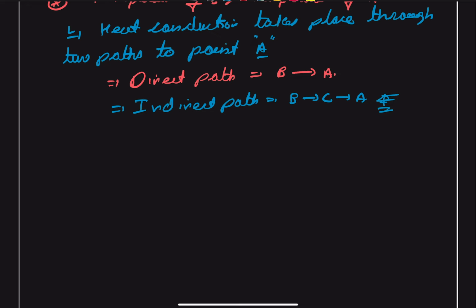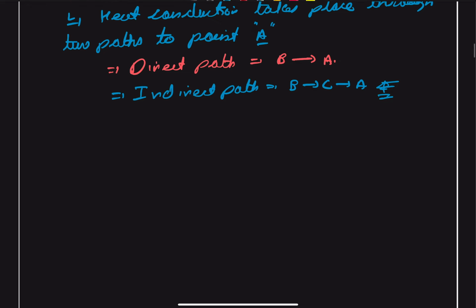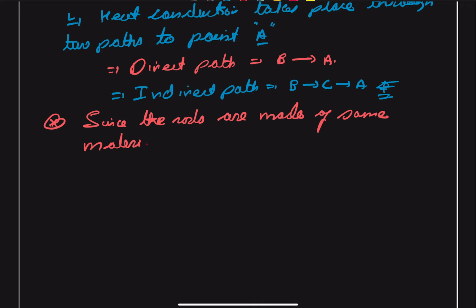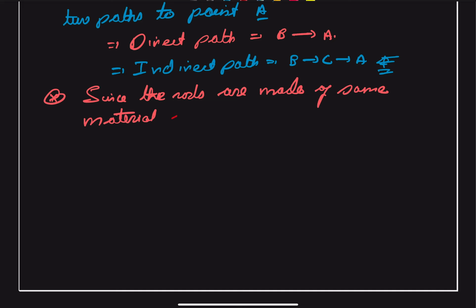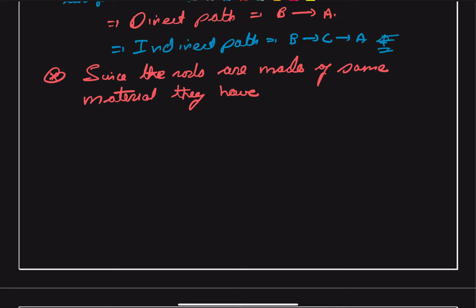Since the rods are made of the same material, they have the same thermal conductivity, that is the value of K. And we are only interested in the indirect path.